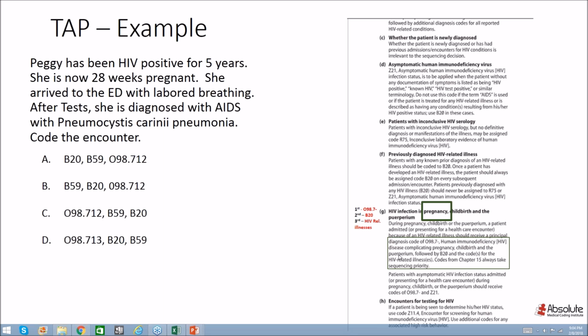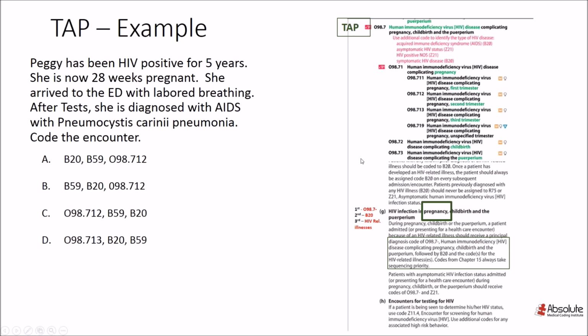All right, so there's my sequencing order. I'm going to my tabular list, and next to it, I have the word TAP, and I also have the sequencing order right here. So if I have to answer this question, I don't have a whole lot of looking up codes to do because I can see that D is sequenced properly. It mirrors my TAP. So D is my correct answer.